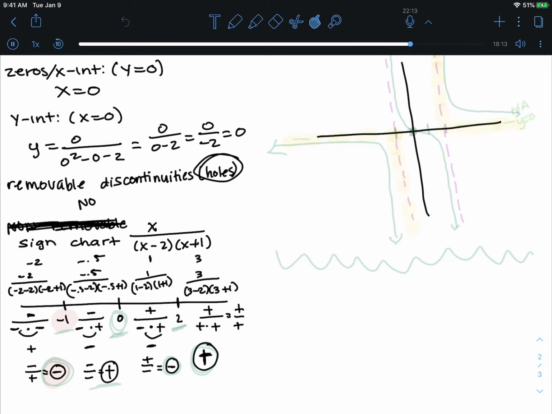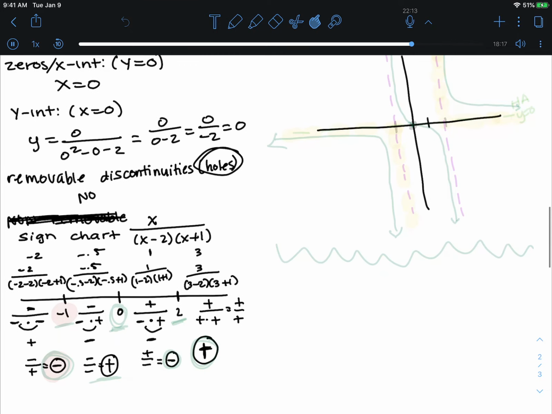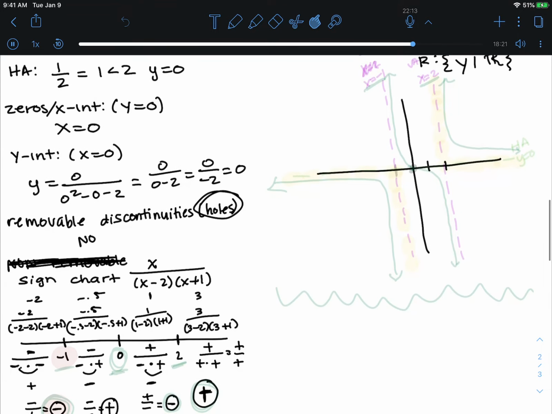So I'm going to start off with my vertical asymptotes, which is going to be at x equals 2. 1, 2. Let me use a different color. And then I'm going to have that at -1 as well.